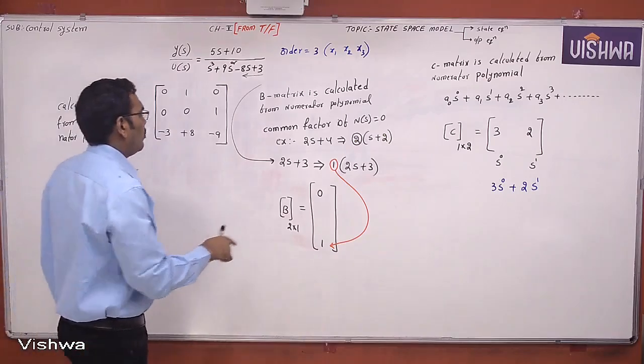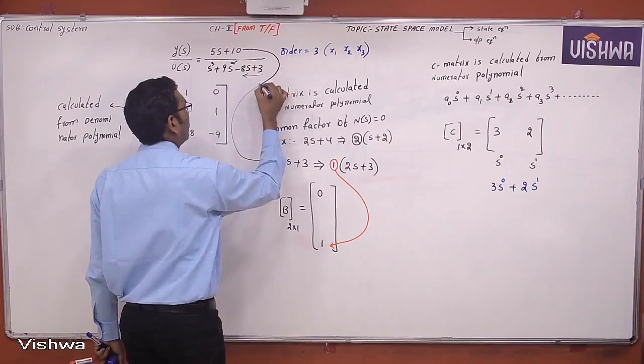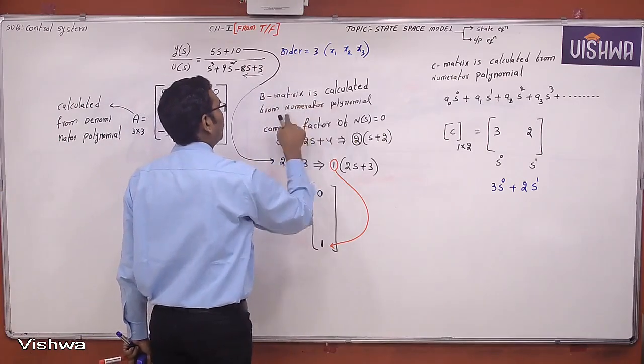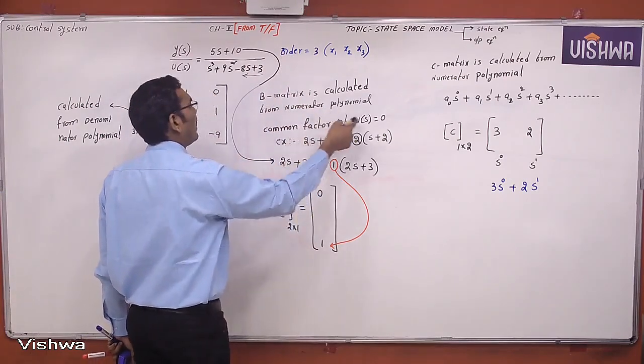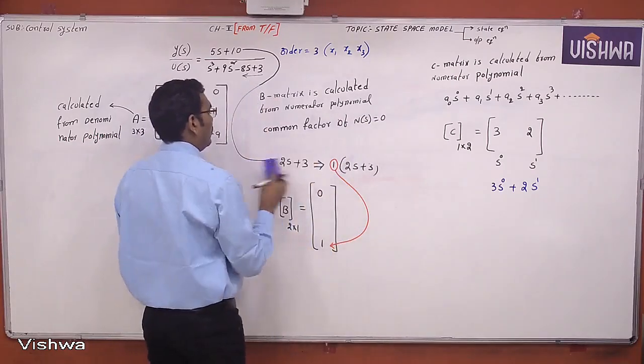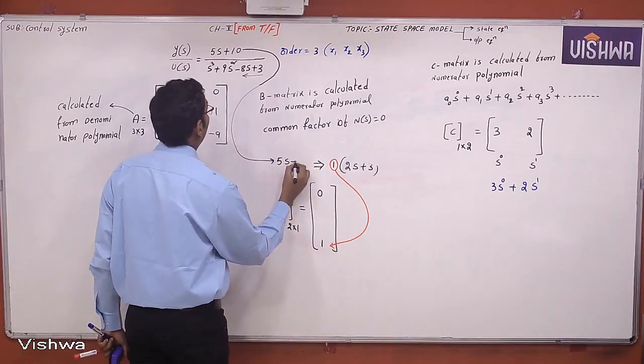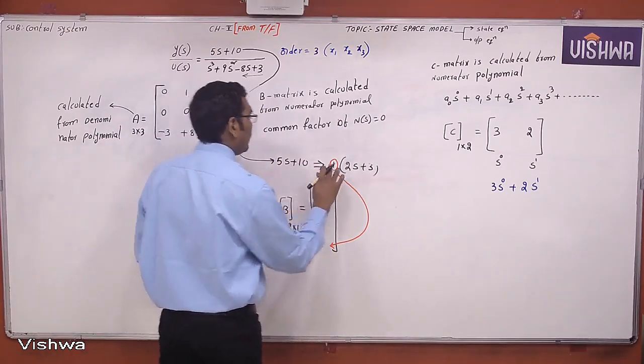Okay. Now the B matrix is calculated from the numerator polynomial, the common factor of the numerator polynomial. Now what is in our example? In our example, this is 5s plus 10. Is there any common factor? Yes.